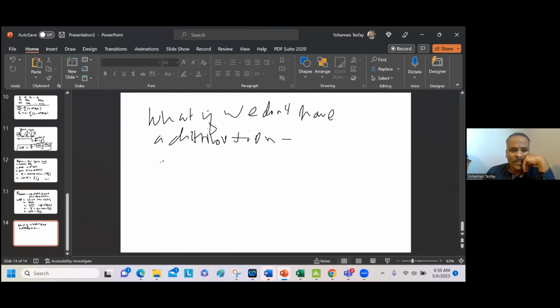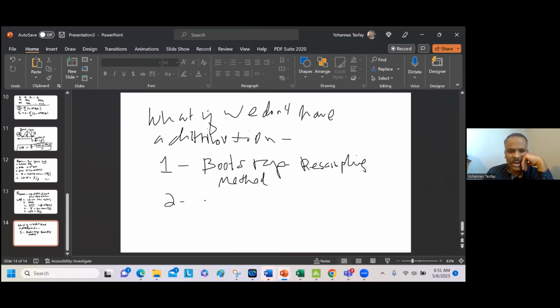Then we apply one. We're going to apply the bootstrap resampling method, and second, the binomial approach.